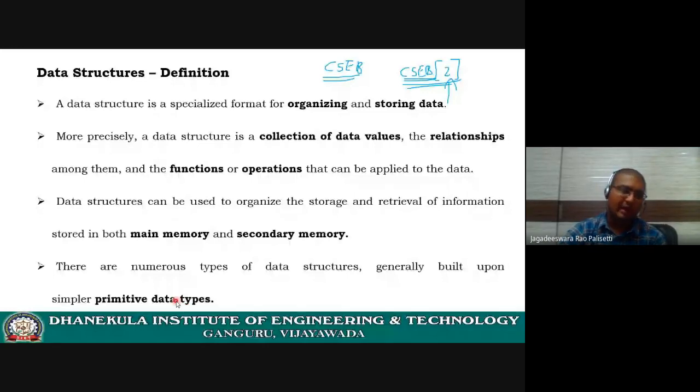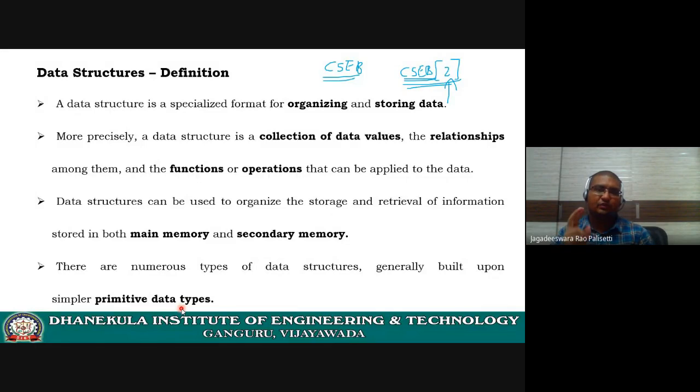Other than these, non-primitive data types are unions and structures. All the different data structures we are going to discuss are generally built on primitive data types, so our data may be stored as integers, floats, chars or strings. Am I clear? So this is about the definition of data structure.